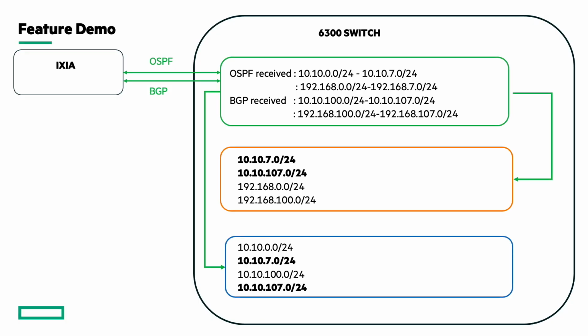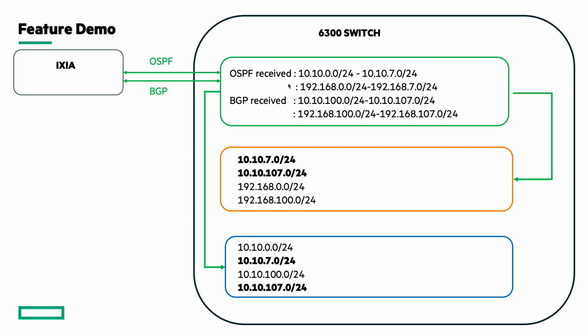Okay, so now let's consider the second demonstration, which will illustrate the selective inter-VRF route leaking. Here we will only consider as egress VRF the green VRF, which is receiving OSPF and BGP prefixes and installing them into the FIB.